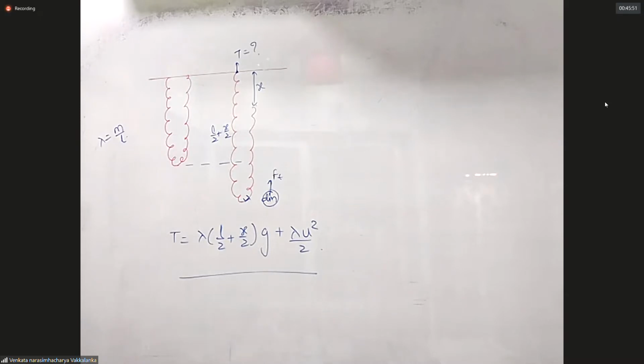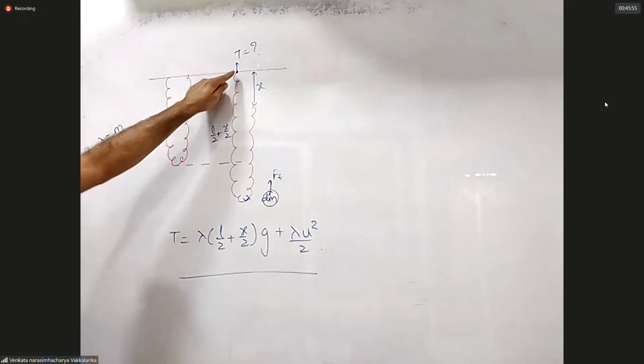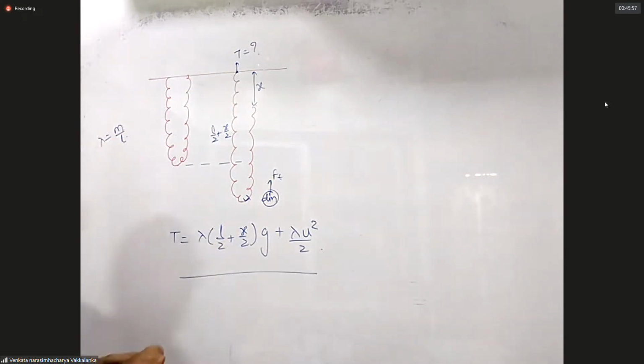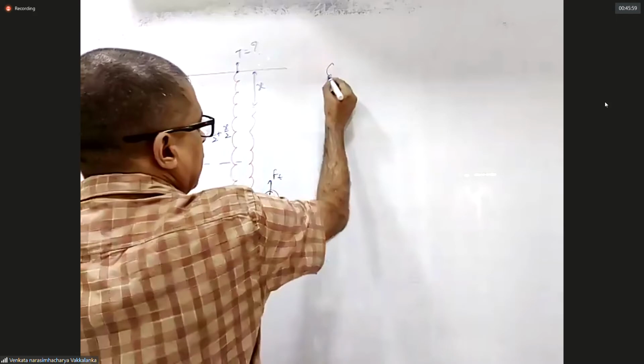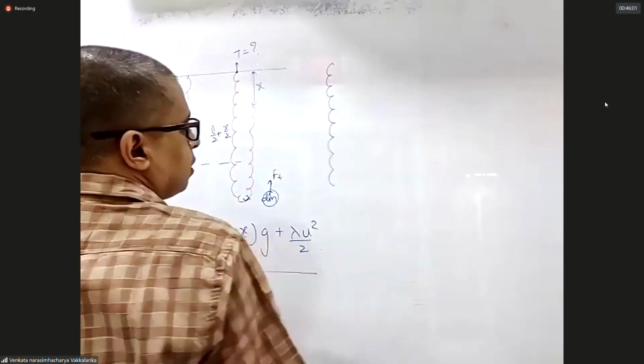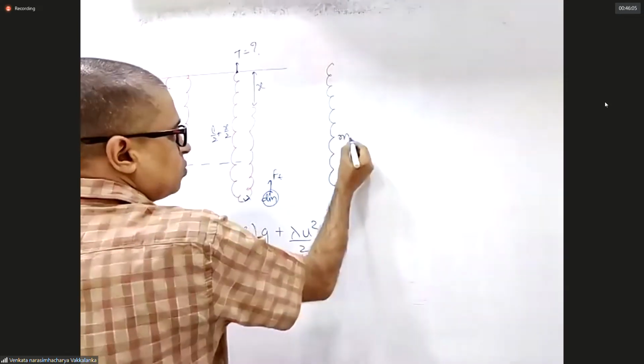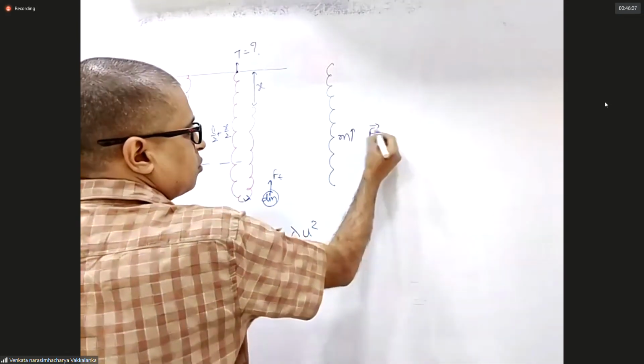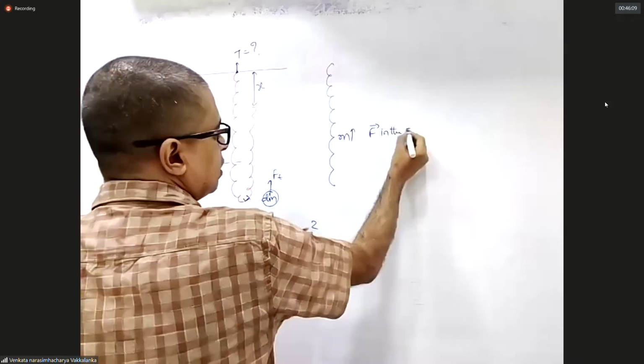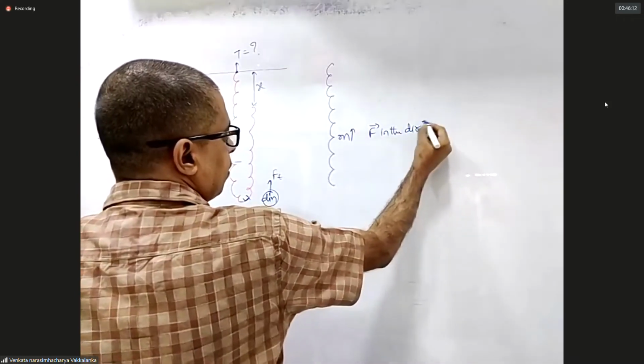Sir, can you explain the direction of thrust force using the other method? The other method: you draw the free body diagram for this part of the chain. This part of the chain, mass is increasing, so thrust force will be in the direction of relative velocity VR.